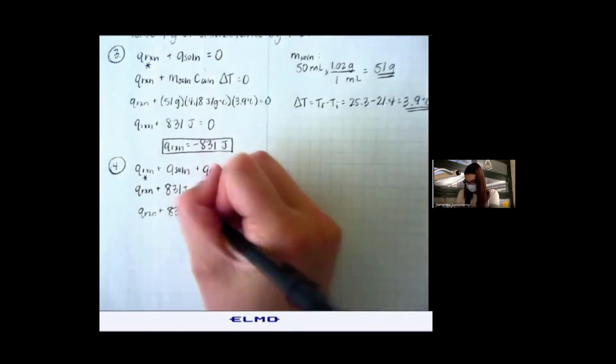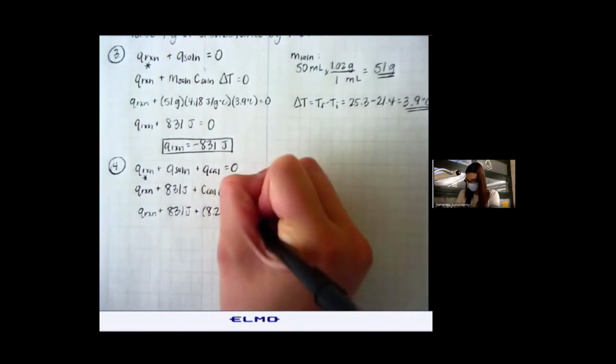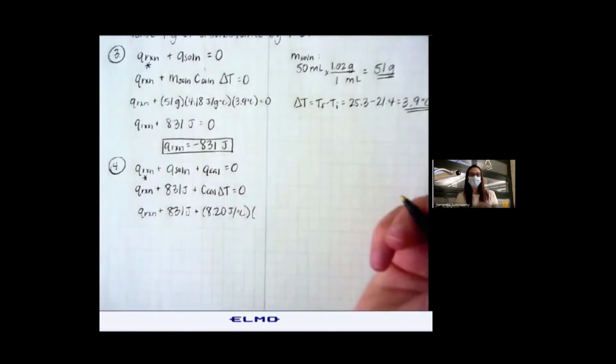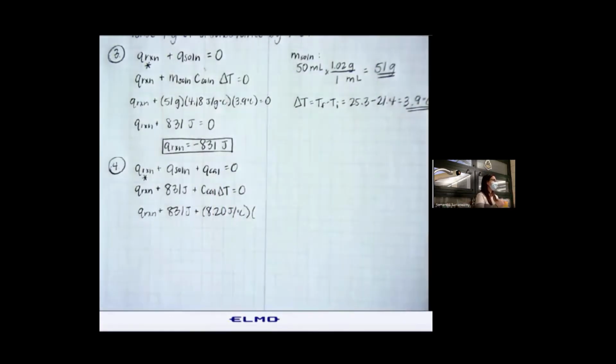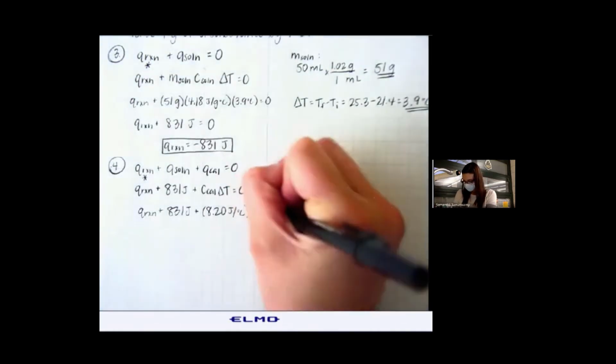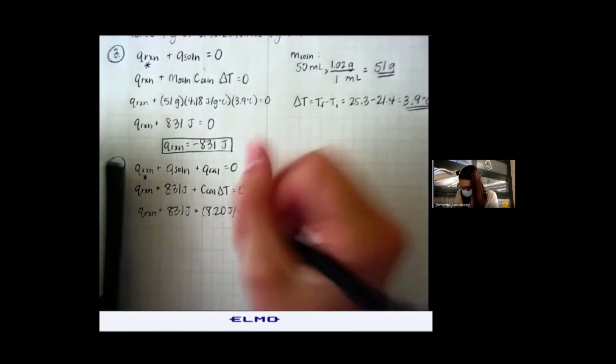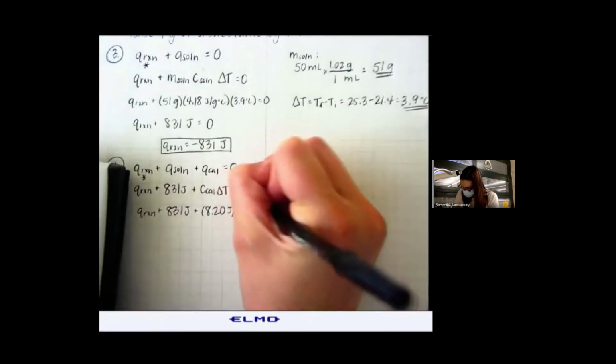C cal, it tells us in the problem, is 8.20 joules per degree Celsius. Delta T is always the same. Whatever the delta T is for the solution is also the delta T of the calorimeter. So 8.2 times 3.9. This is 31.98 joules.